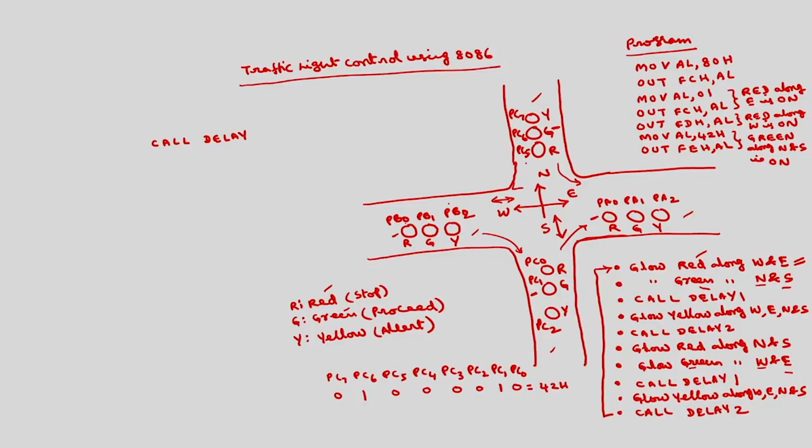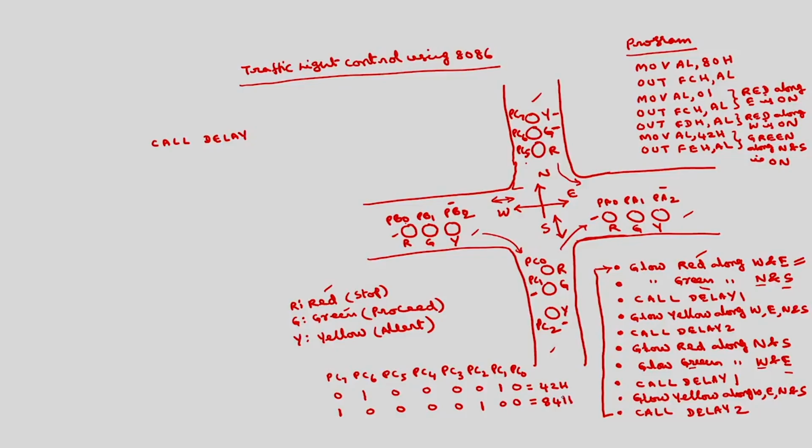Yellow is connected to PB2, PA2, PC7 and PC2. So, PC7 and PC2 should be 1, and the remaining all will be zeros. The hexadecimal equivalent of this will be 84H.